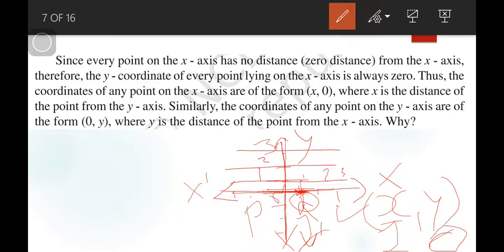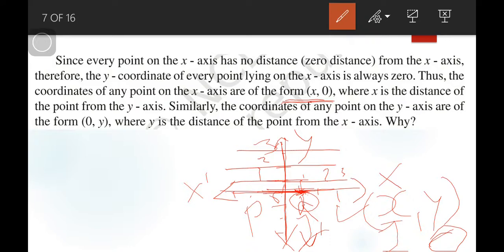Meaning if a point is given on the x-axis, then its coordinate is x comma 0, because the distance from the y-axis is 0, where x is the distance of the point from the y-axis. Similarly, the coordinates of any point on the y-axis are of the form 0 comma y, where y is the distance from the x-axis.